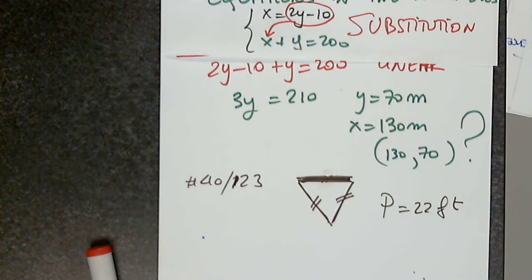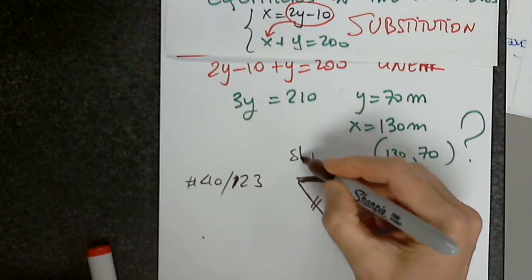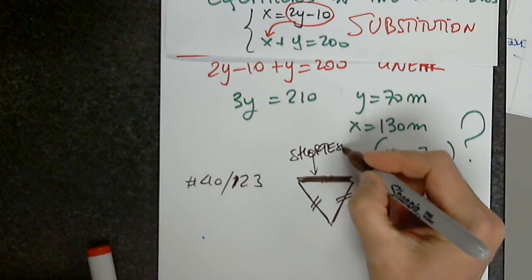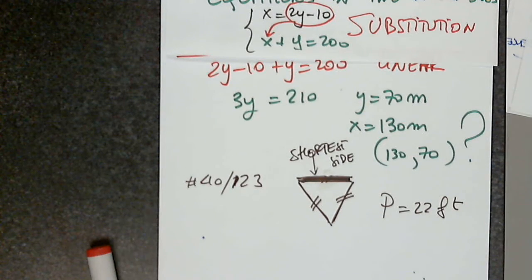If the shortest side is 2 feet less than the other two sides, so I'm going to say that this is the shortest side. If the shortest side is 2 feet less than the other two sides, find the length of the shortest side. One more time.